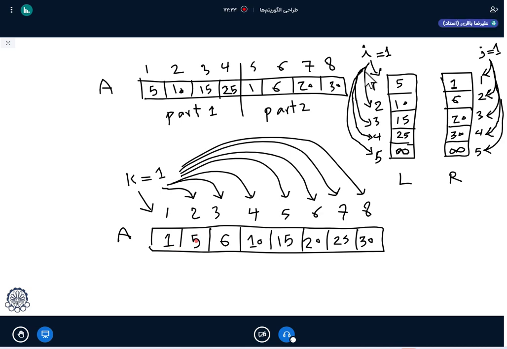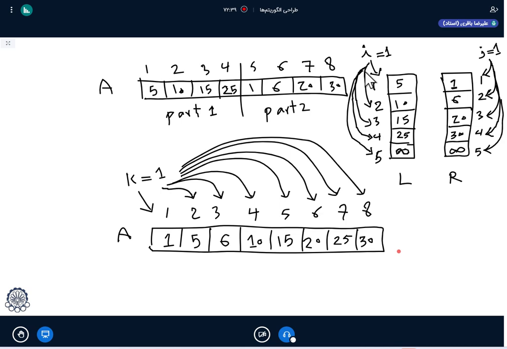Here we have 1, 5, 6, 10, 15, 20, 25, and 30, which is the sorted order of the original numbers.